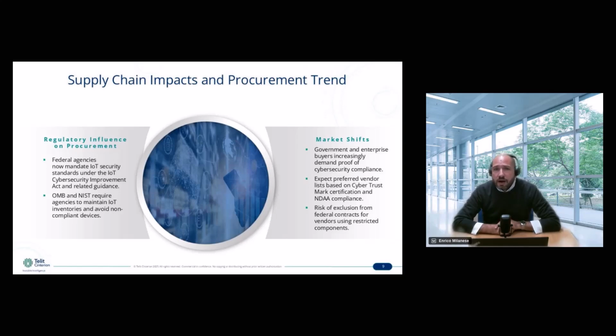And the consumer market is increasingly influenced by federal policies. So I suppose in the upcoming years there will be also a potential shift of influence in the consumer world.